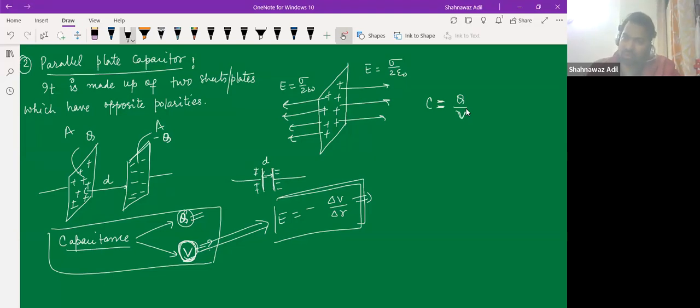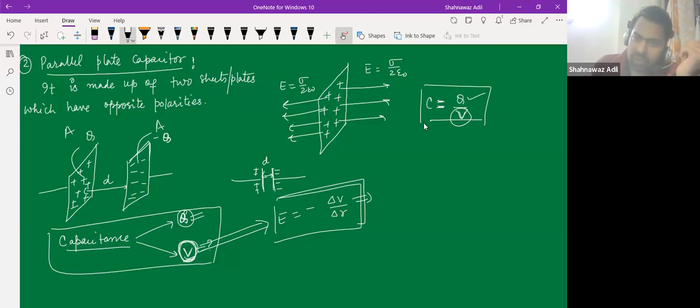So Q is given, this we know. The voltage between the plates, that is what we have to find out. So let us find the voltage, and then we can calculate the capacitance.